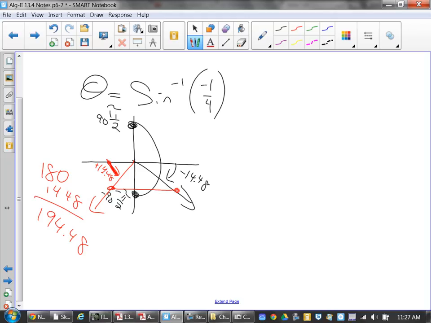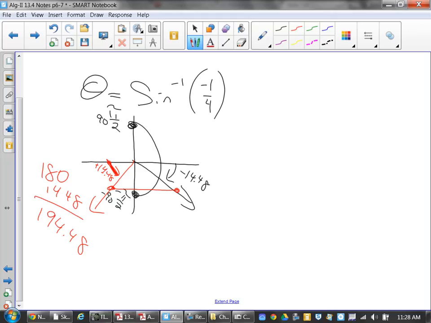Since between the fourth and the third quadrant the y values do not change, all we have to do is move the reference angle. If it went down 14 and change in the fourth, it's got to go down 14 and change in the third. To go down, you're adding to the 180 degrees to make the degrees more.